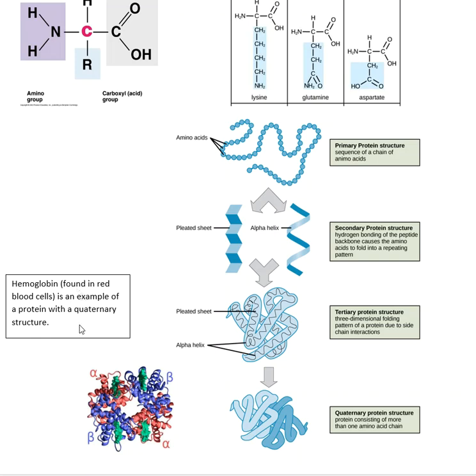And this is an example of a protein that has a quaternary structure. What do we mean by that? It means that the functional protein is actually produced by more than one subunit of protein coming together. So in other words, you would have multiple tertiary protein structures that are interacting with each other to produce the quaternary structure.